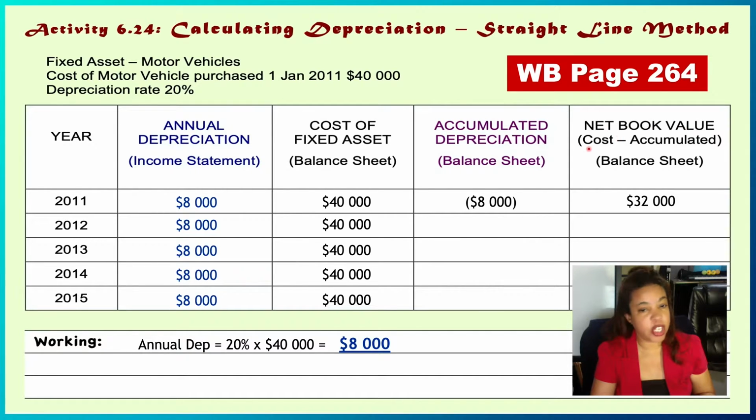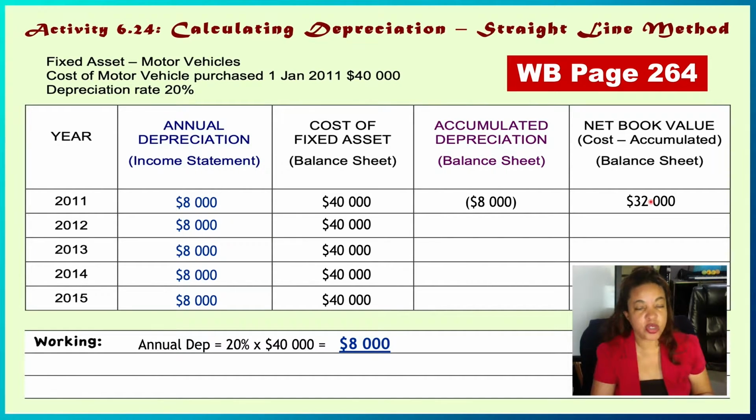So basically, when you write it out like this, the cost is 40,000, the accumulated is 8,000. Get accustomed, put it in brackets one time, so you know for your net book value, 40,000 less 8,000 will give you $32,000. Nice and simple, easy.